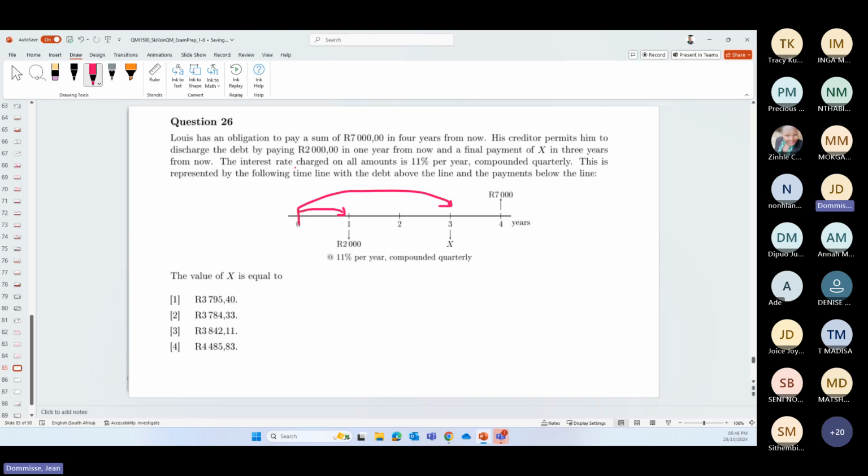The interest rate charged on all accounts is 11% per year, compounded quarterly. This is represented by the following timeline, with the debt above the line and the payments below.